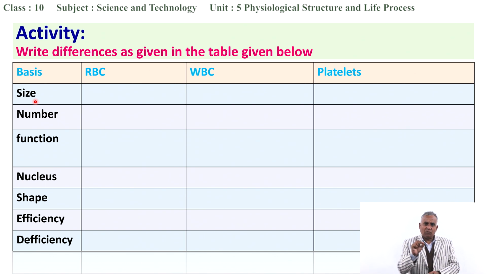Do it fast in one word, not necessary to write in a sentence. Later, in the exam, you will write in full sentences, but now just one word. Size: the biggest or smaller? Number: what per cubic millimeter? Function: what do they do? Nucleus: present or absent. Only that you have to write.